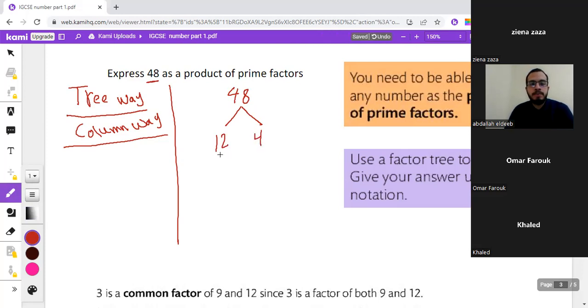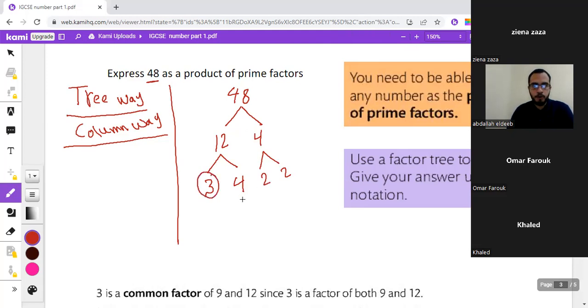Nice. And 12, 3 times 4. So guys, we factorize, we simplify, we make it simple. And 4, 2 times 2. And 3, we can't simplify. 3 is a prime number, so we circle it.